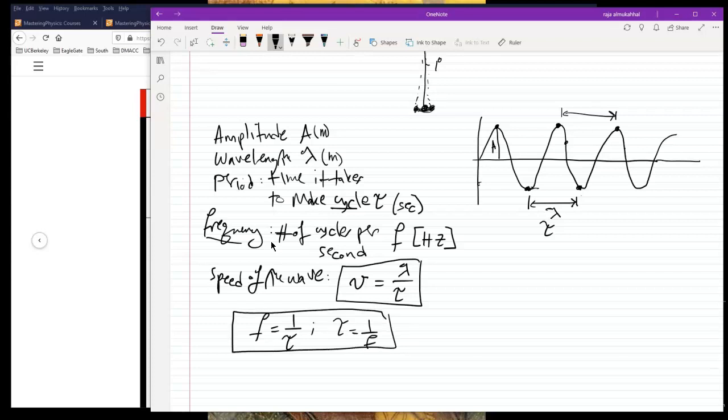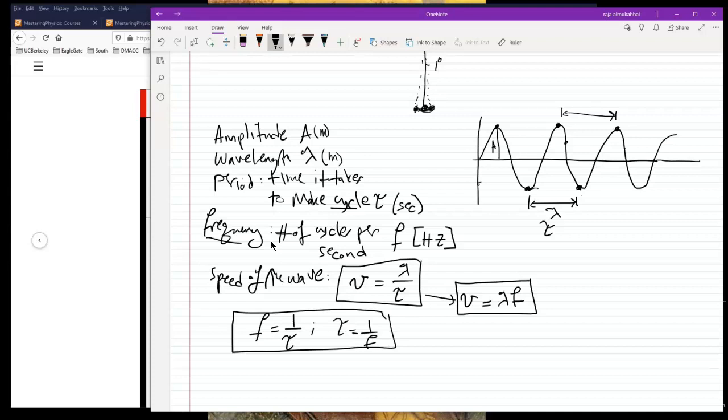So with those two, I can say that the velocity is lambda over tau, or lambda f. See that? These are very important equations for this chapter as we start solving problems later. There are more later.